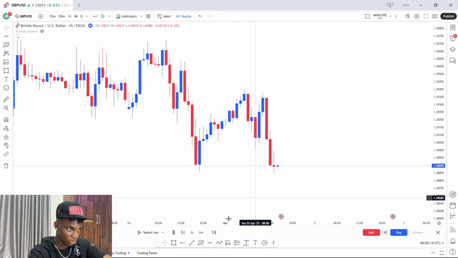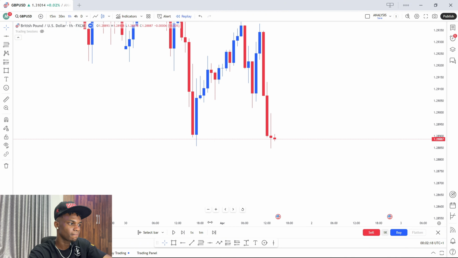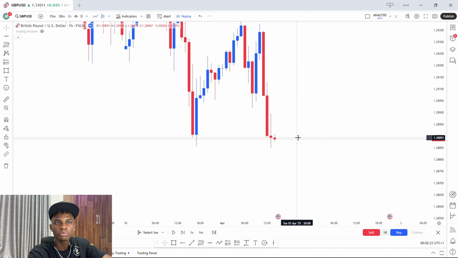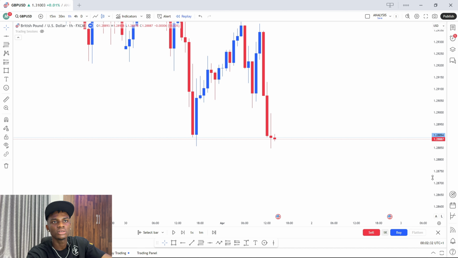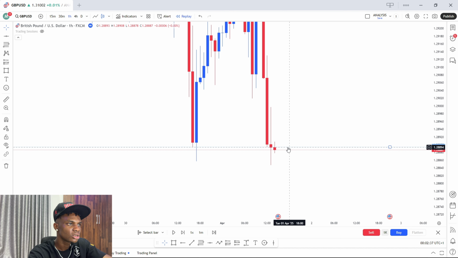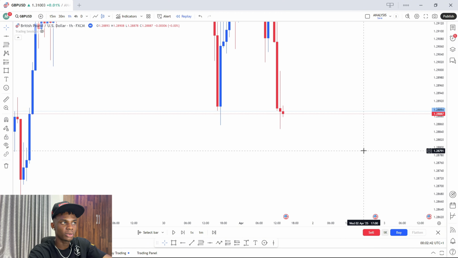The new candle opened, and as you can see, it opened at 1.28. Let me put a line there so you guys can get it. It opened at 1.28894. That was the opening. Might not be too correct with it, but that looks like the opening price there.